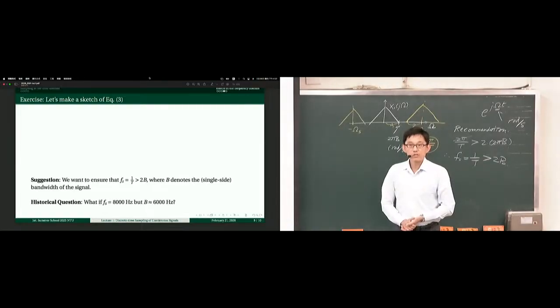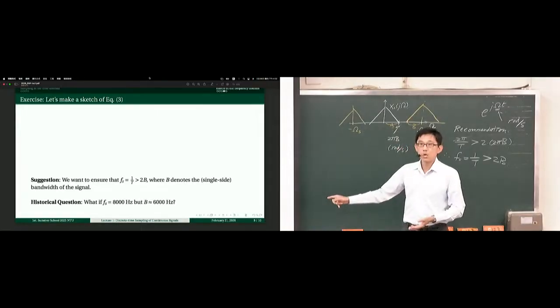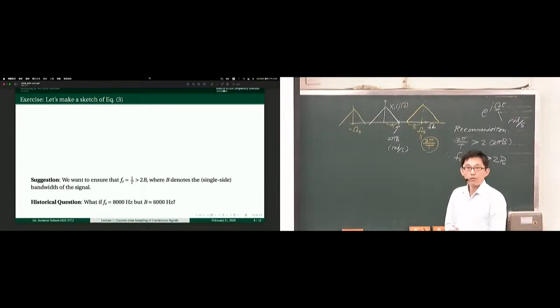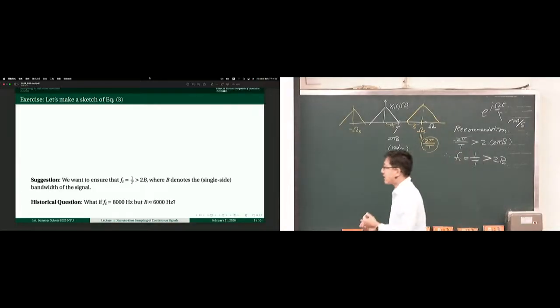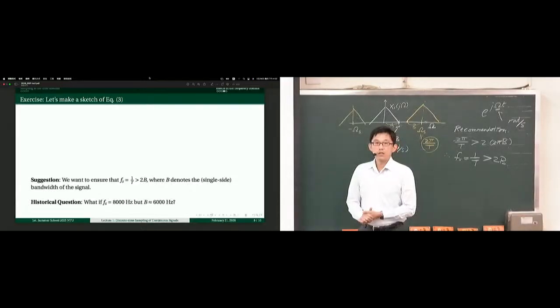So they were facing a situation where the landline system has a sampling rate of 8,000 hertz, but that system is supposed to support speech communication, and speech has a bandwidth that extends higher than half of the sampling rate. So that's a difficult situation they were facing back in the old time.